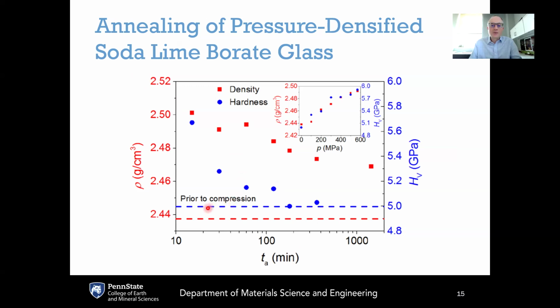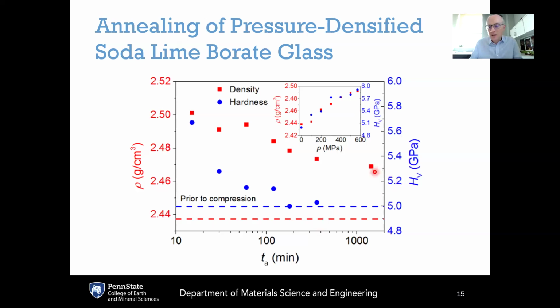So here, for example, the dashed red line shows the density of the soda-lime borate glass prior to a high-pressure compression. And then the squares here show what happens after annealing that compressed glass again at its glass transition temperature under atmospheric pressure. And what one would expect is that if you anneal this for long enough, this would relax all the way back down to the initial density.